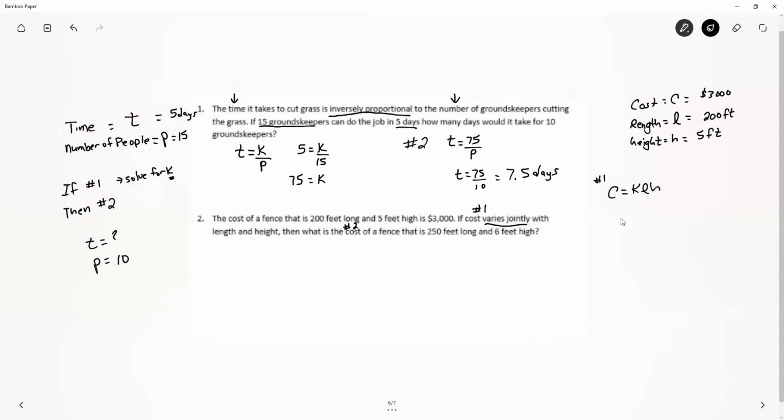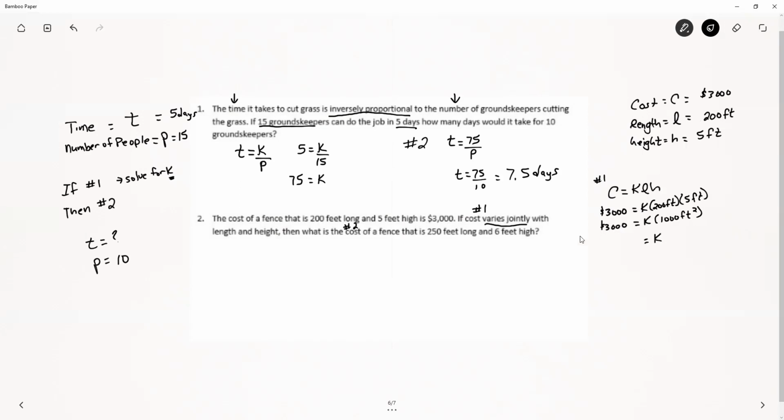So this is problem number 1. The cost is $3,000, which is equal to K times my length, which is 200 feet, times my height, which is 5 feet. Multiplying this out, 200 feet times 5 feet is 1,000 square feet, which is equal to $3,000.